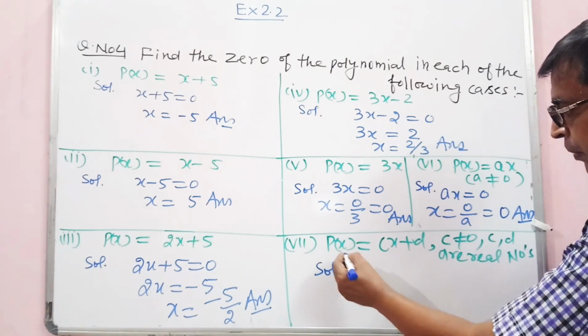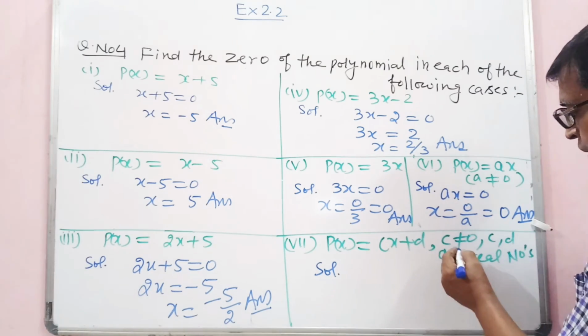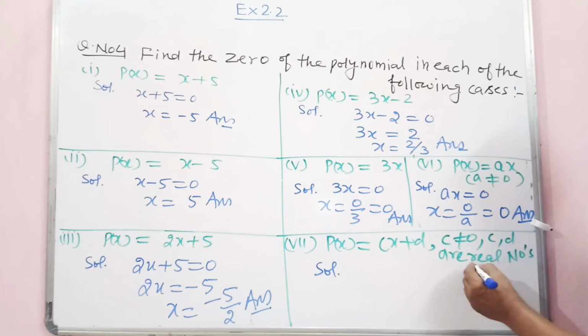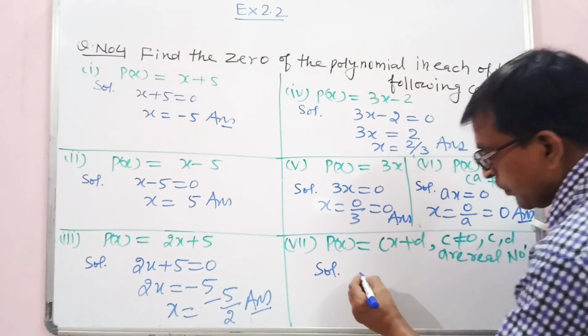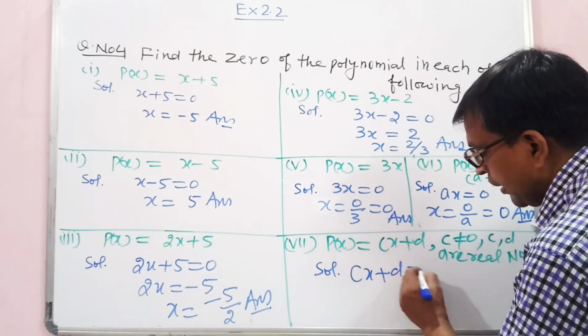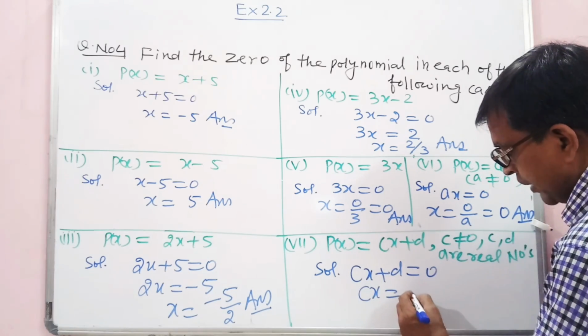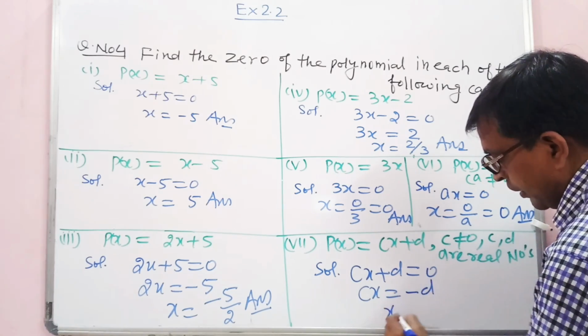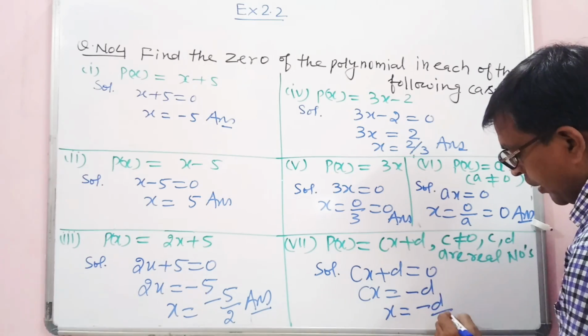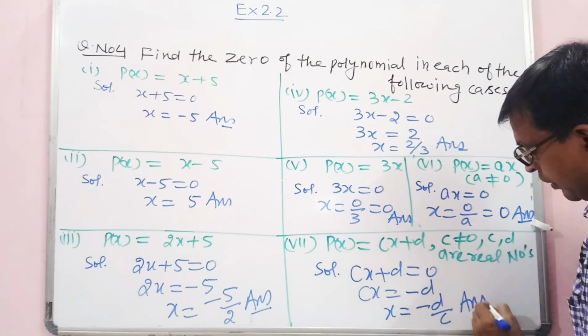Now seventh part, P(x) equals cx plus d, c not equal to 0, c comma d are real numbers. Now we write down cx plus d equal to 0. Cx plus d, shift to right side minus d. Now x equal minus d upon c. Answer.